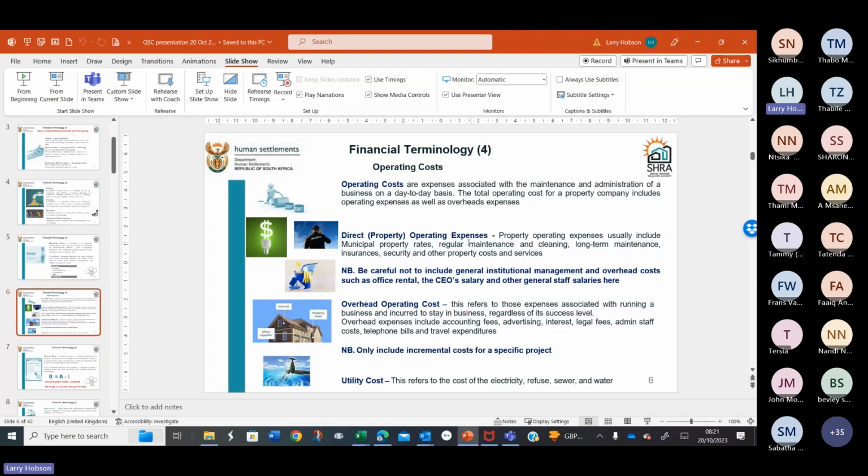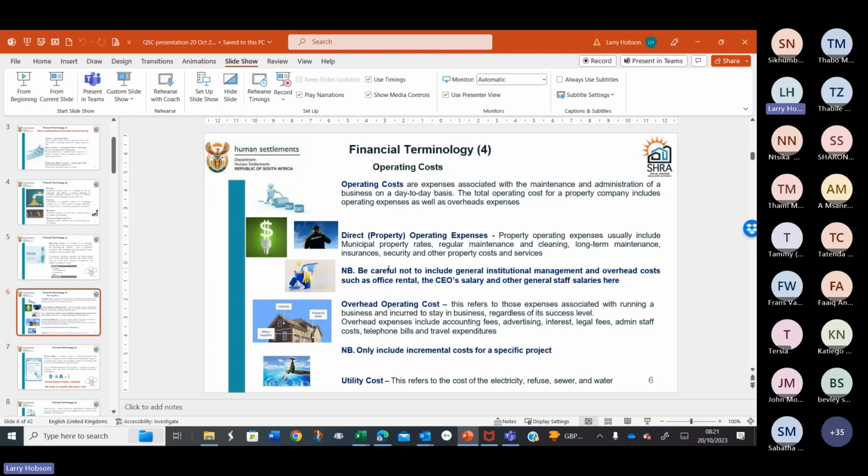So let's go to the direct property operating costs: municipal property rates, maintenance and cleaning, long-term maintenance, insurance, security, other property costs and services. Then we've got overhead operating costs.